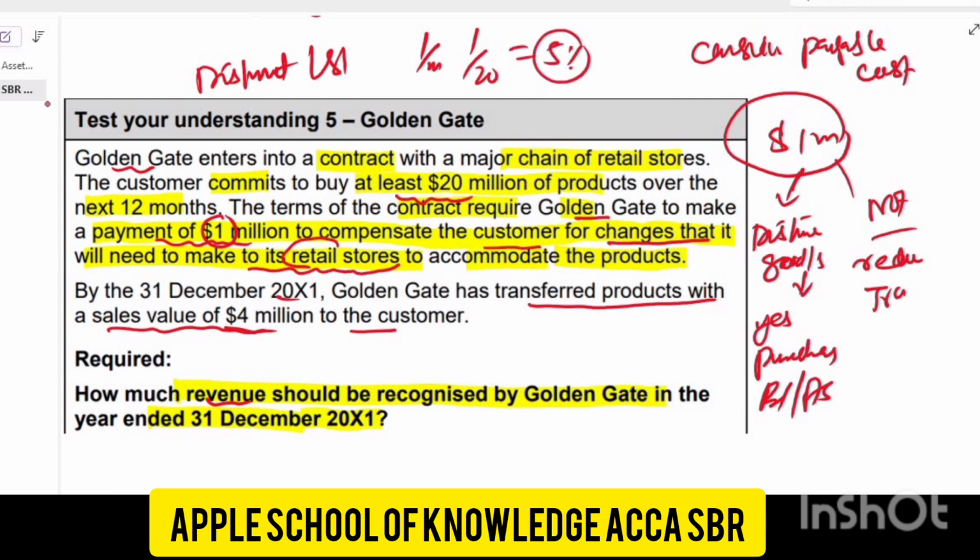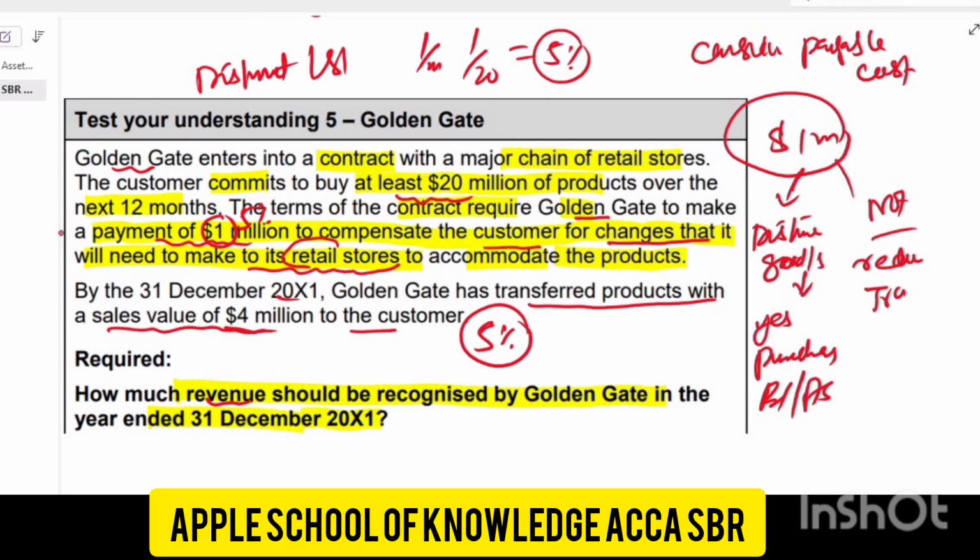So the payment of 1 million represents 5% of the total transaction price. Clear? So therefore the transaction price of each product sold is reduced by 5%.